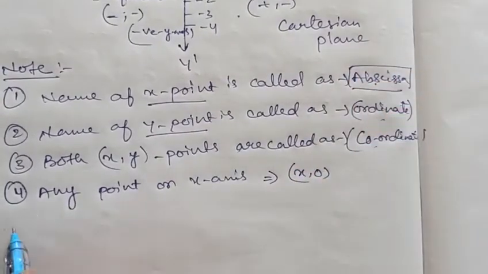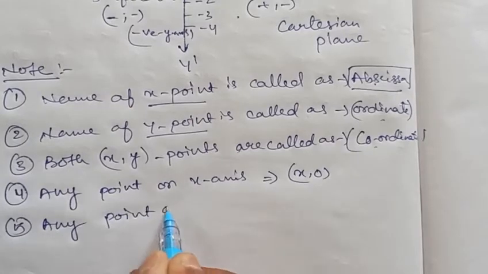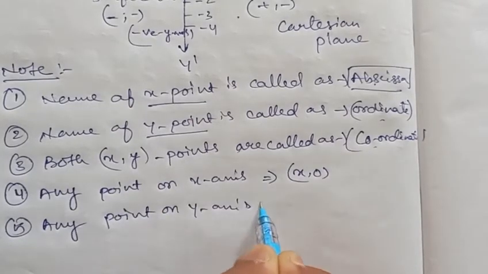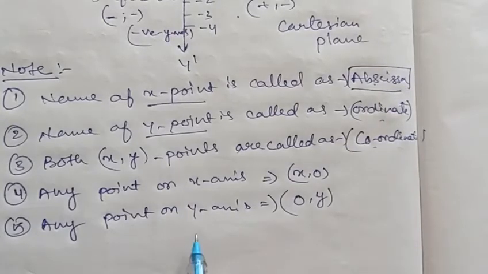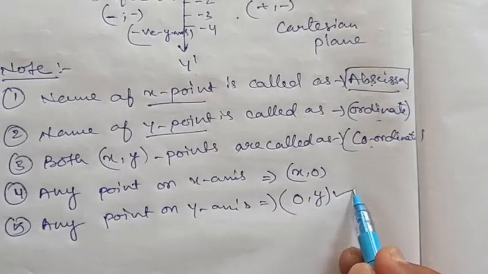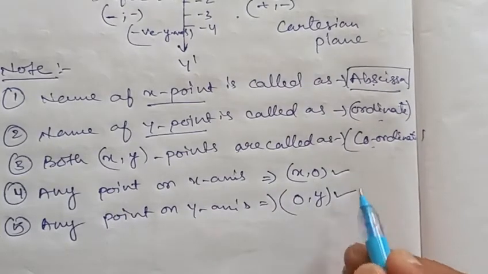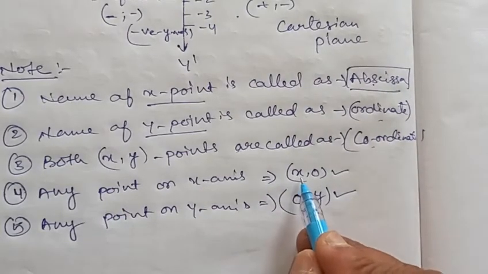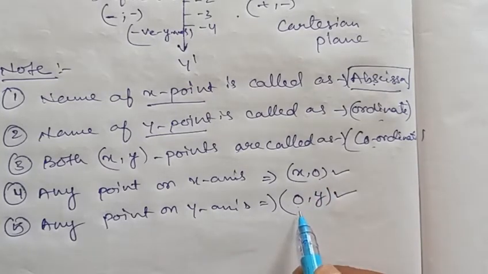Similarly, any point on the y-axis is equal to 0 comma y. If it is asked what is the point on the y-axis, you can write 0 comma y. What is the point on the x-axis? It is x comma 0. On the x-axis the x point we get, the y point will be 0, and on the y-axis the abscissa will be 0, ordinate will be y.